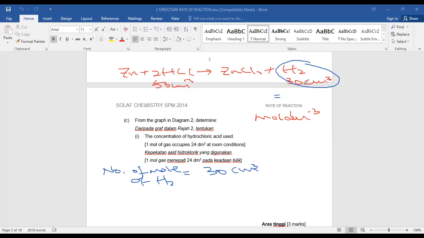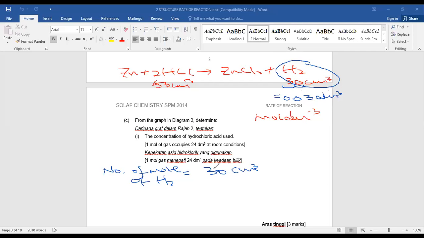So it will be, moving to the front for 3 places, 0.03 decimeter cube.